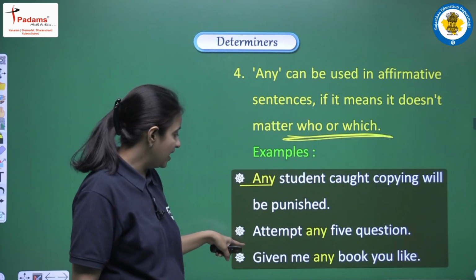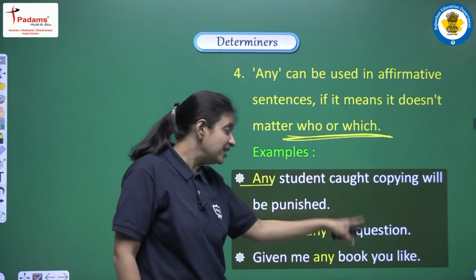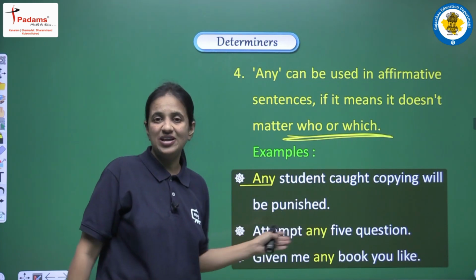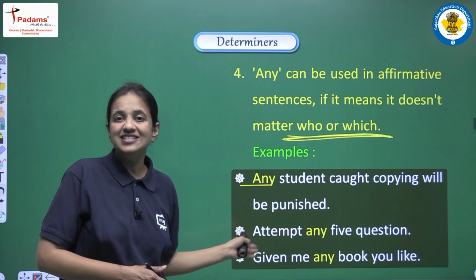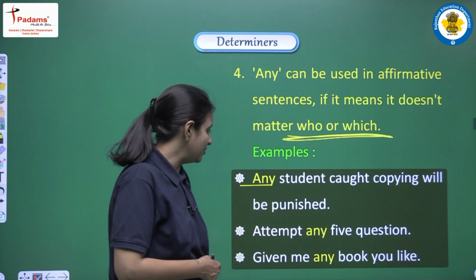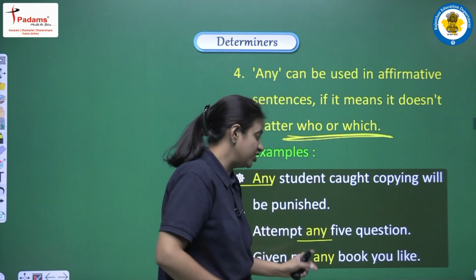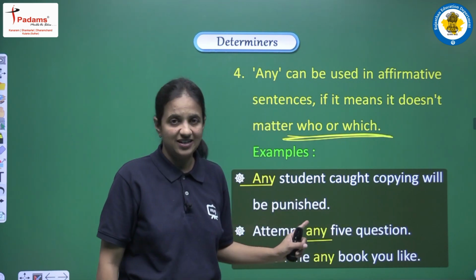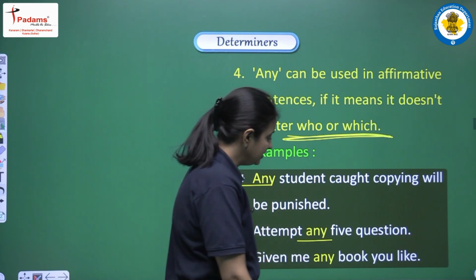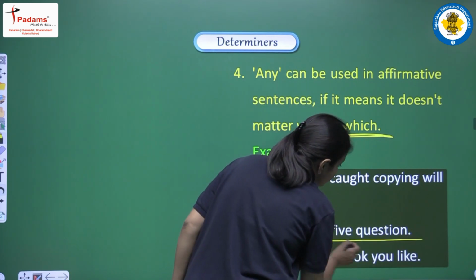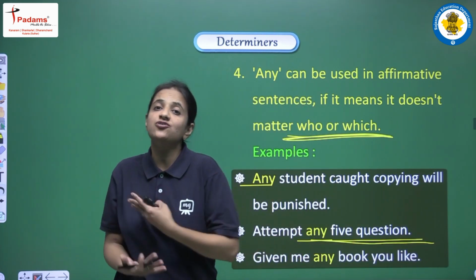One more example: attempt any 5 questions. This is a very common sentence, right? Whenever we solve a question paper, we generally get this kind of instruction in the question paper: attempt any 5 questions. Again this is a positive sentence, but we have any here. Why? Because we are saying attempt any 5 questions, no matter which 5, right?